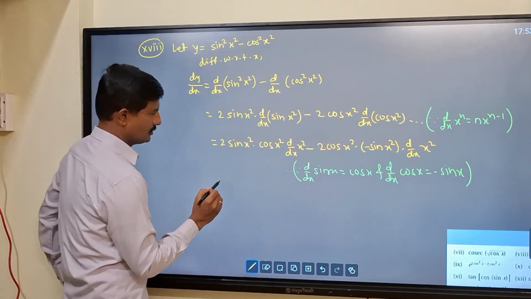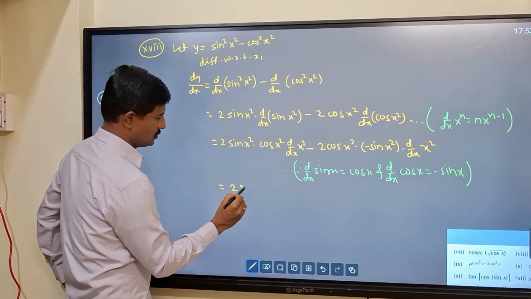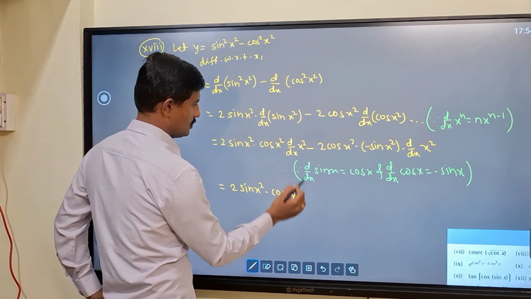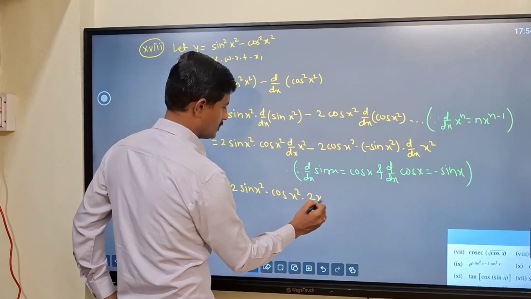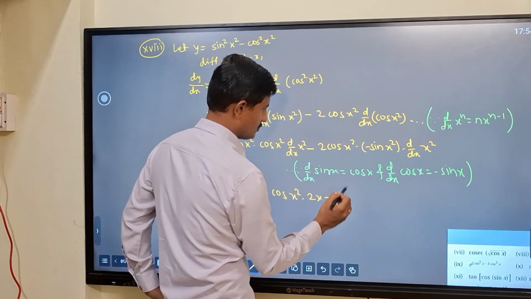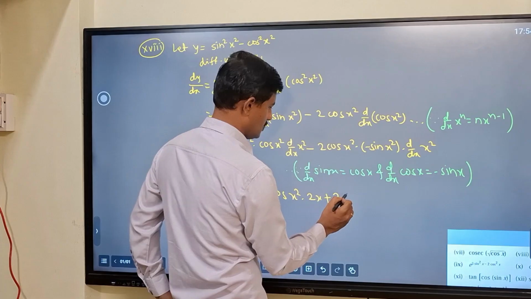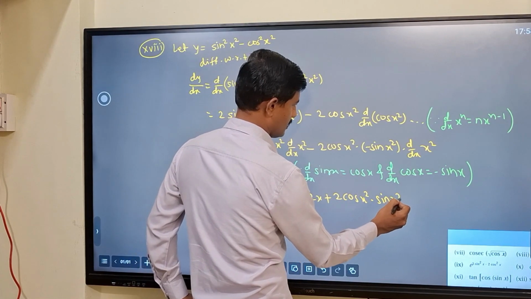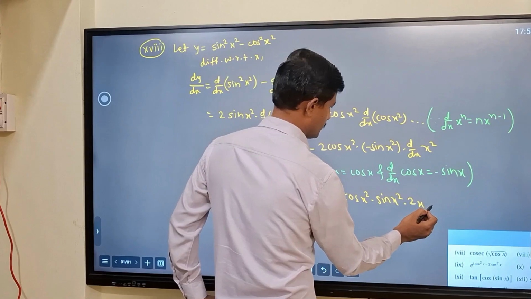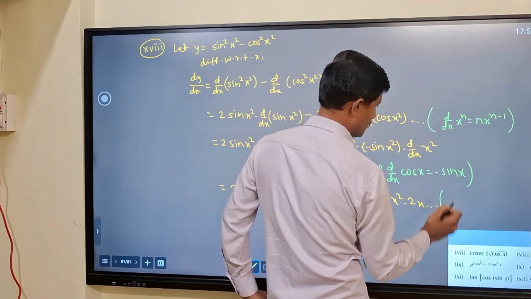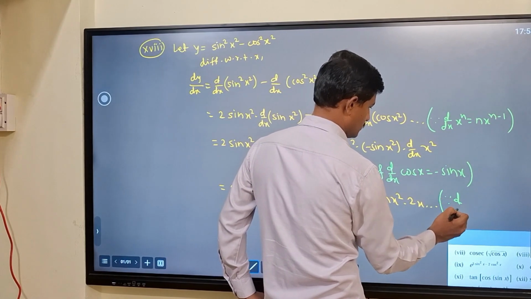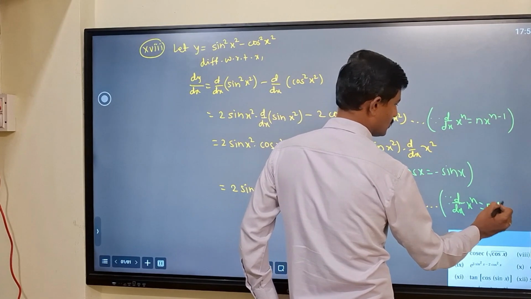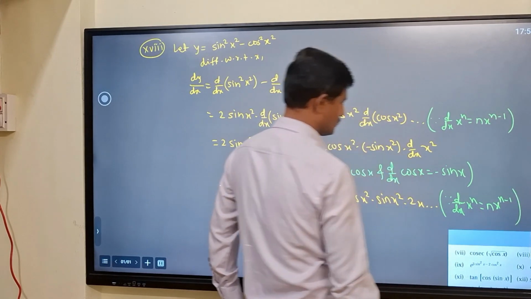So this becomes 2 sine x square into cos x square into differentiation of x square, which is 2x, minus minus becomes plus 2 cos x square into sine x square into 2x. Again we use this formula, d/dx of x raised to n is n x raised to n minus 1.